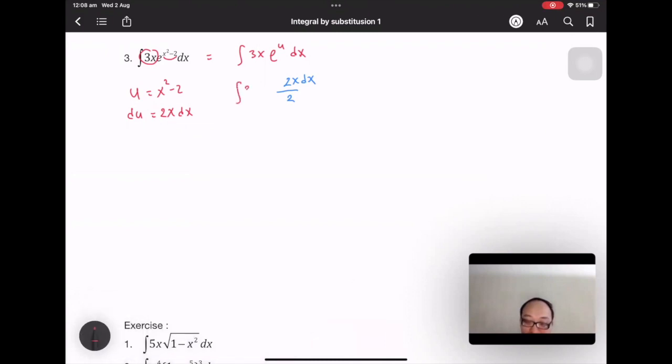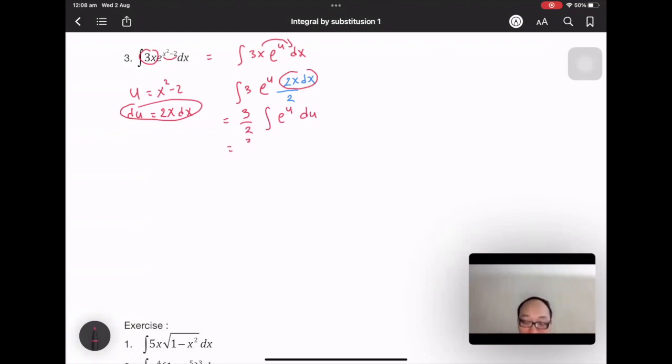Integral 3 e to the power of u. Yeah, so I move the x, I move the position of x to be linked with the dx. So from here, I can take out the number, 3 over 2 integral e to the u, and then the 2x dx can be changed into du.